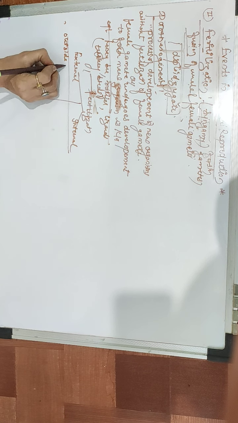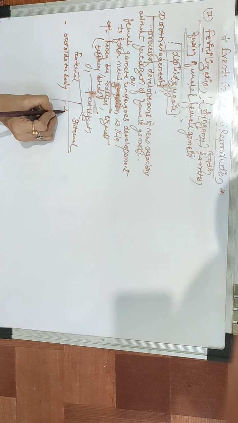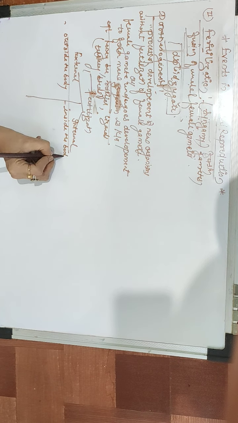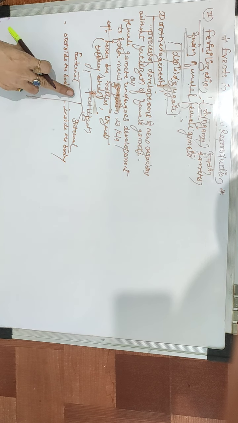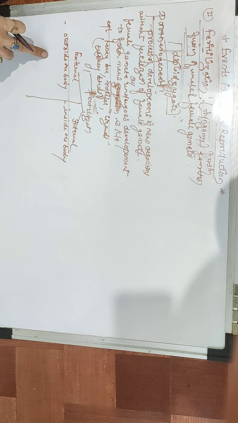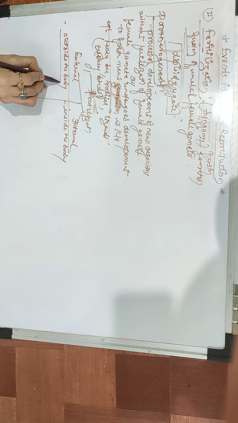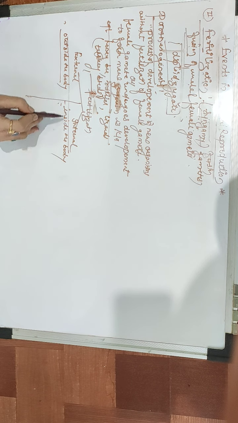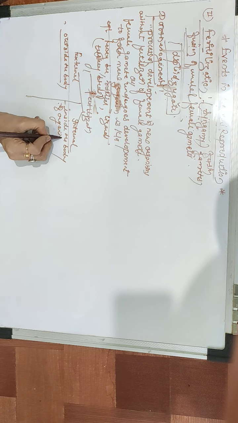Outside the body. And internal means inside the body. So what do you mean by external fertilization? It is external syngamy. When the syngamy occurs outside the body of the organism, that is called external fertilization. And when fertilization occurs inside the body of the organism, it is known as internal fertilization.